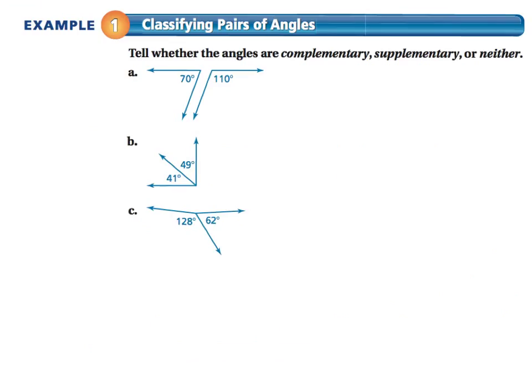So let's look at example number 1. Classifying pairs of angles. We want to say if each of these angles are complementary, supplementary, or neither. Well, in A, we see that we have a 70-degree angle and a 110-degree angle. Therefore, these would be supplementary because they add up to 180 degrees.